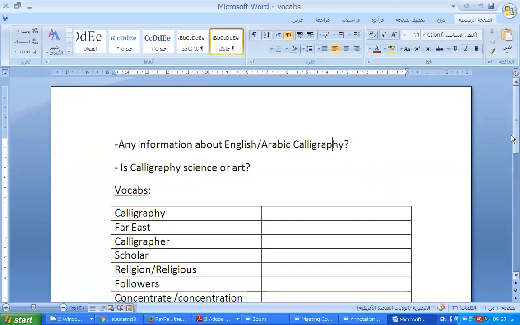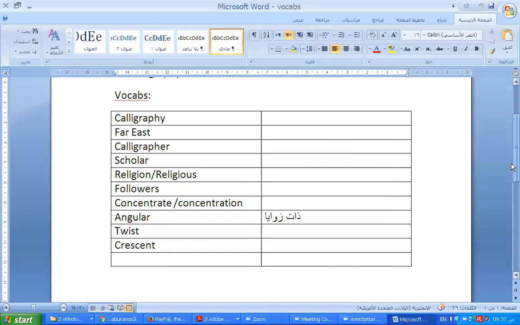So here we have some vocabulary. We need to know their meanings in Arabic. So calligraphy means فن الخط أو الخط بشكل عام. Far East is a compound word, الشرق الأقصى, because we have الشرق الأدنى, it's called the Near East.